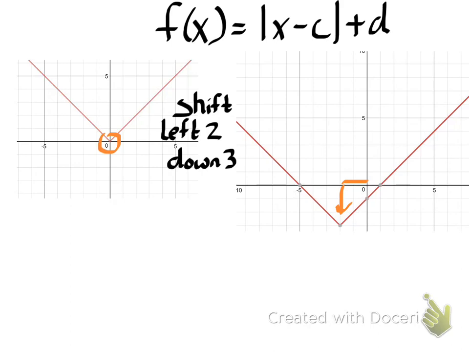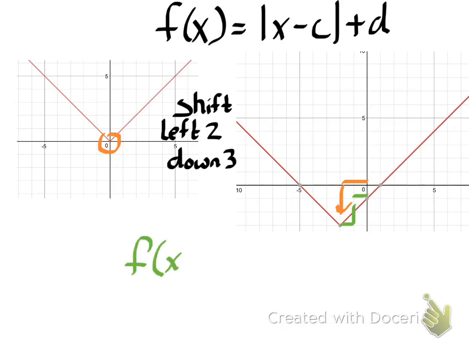Our slope's still staying the same. We're going up 1 over 1 from each point, and we have the symmetry on both sides of that vertex.